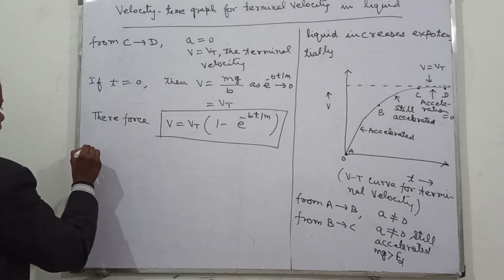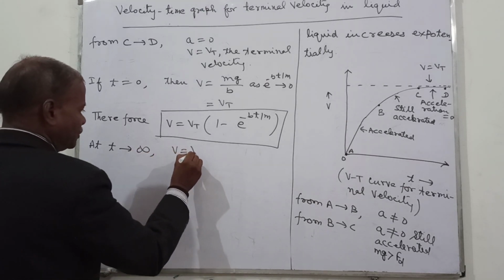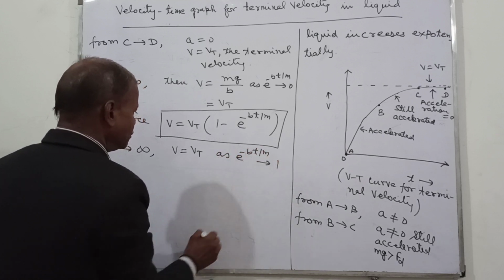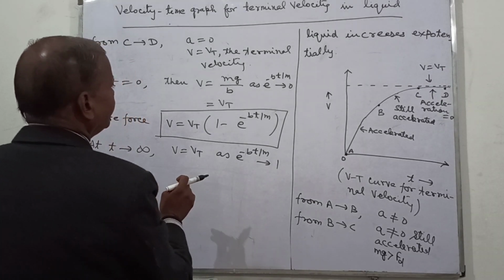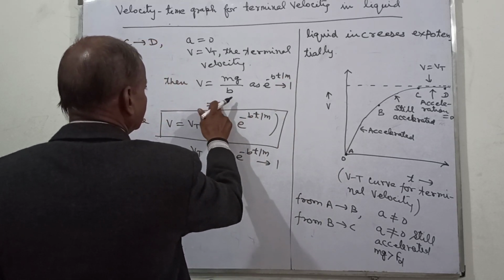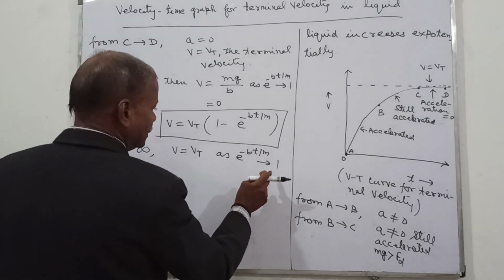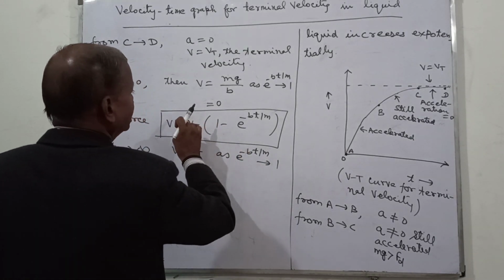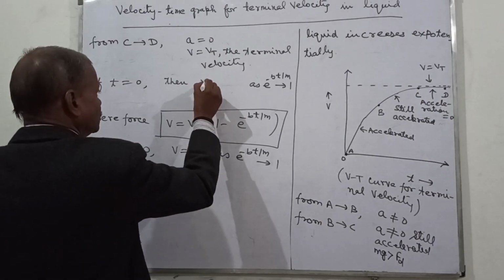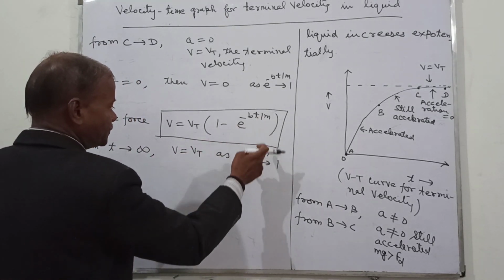And at t tends to infinity, e to the power minus bt upon m tends to 0, so this factor tends to 0.